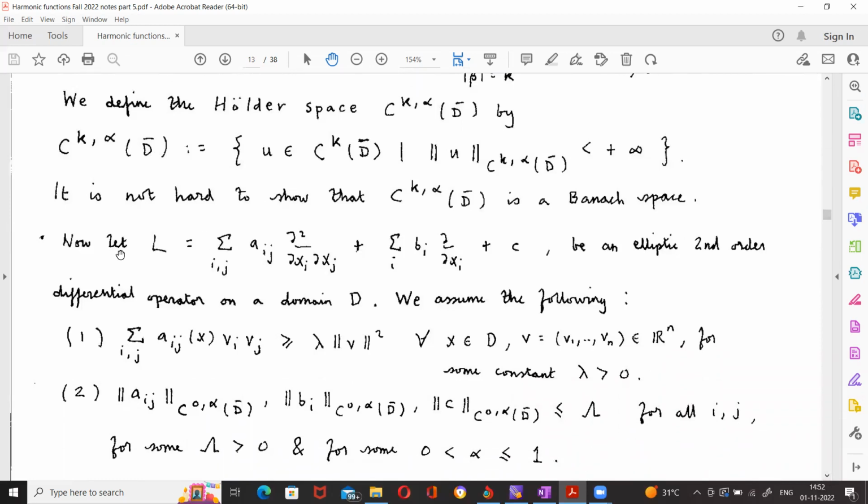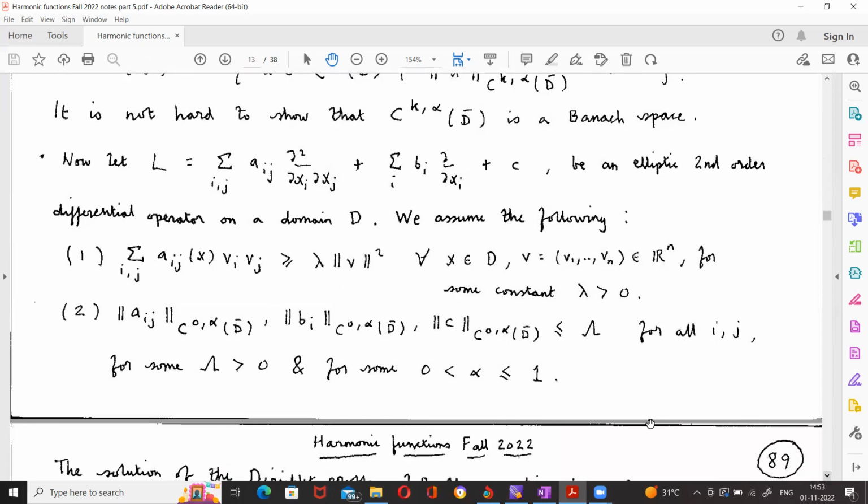So now let's come back to our elliptic second order operator L, and we make the following assumptions on it. As before, we have the ellipticity assumption: the sum of Aij(x) Vi Vj is greater than or equal to lambda norm V squared for all x in D and for all vectors V in Rn, for a fixed positive constant lambda.